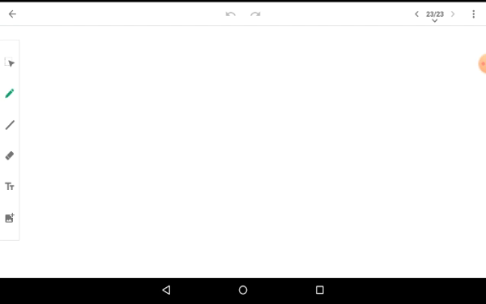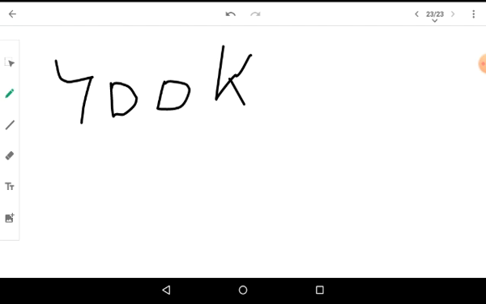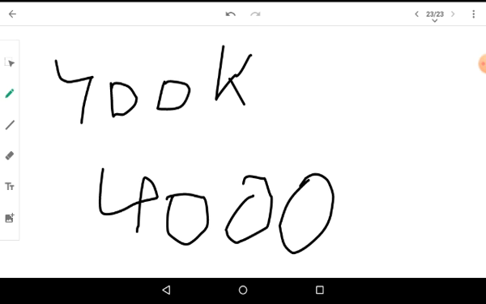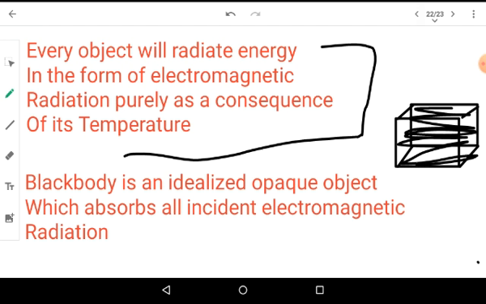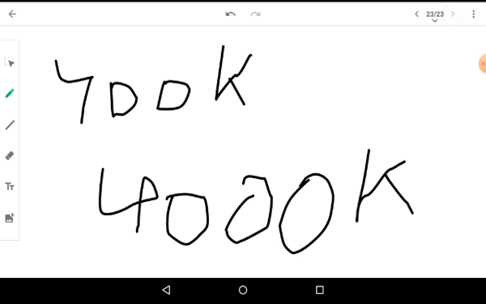If I heat some object at 400 K and I heat another one at 4000 K, these both will radiate different amounts of energy, because we read earlier that radiation is in the form of electromagnetic radiation purely as a consequence of its temperature. So as you increase the temperature, the electromagnetic waves are going to increase.